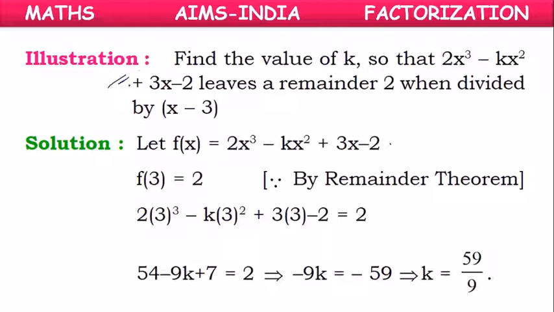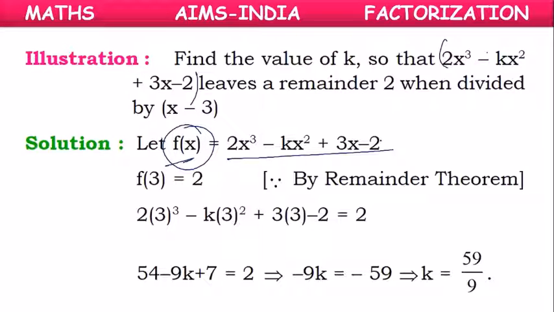Next, another example, children. Find the value of k so that 2x cube minus kx square plus 3x minus 2 leaves a remainder 2 when divided by x minus 3. So they have given one expression, children. Let us assume it as f of x.